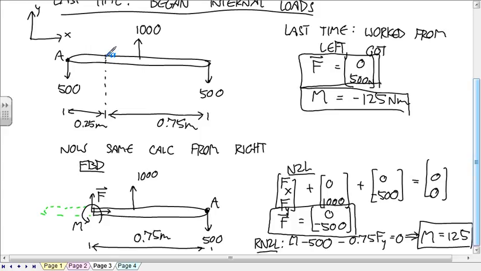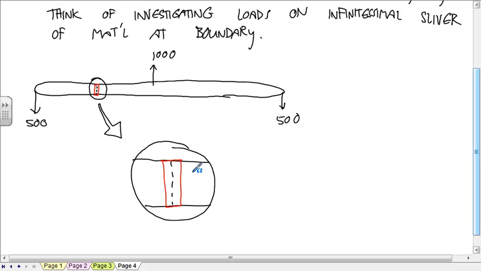And we got a value of positive 500. Okay, and when we did it from the right side, we were looking at the force on a surface that faced the other way, and we got a value of negative 500.